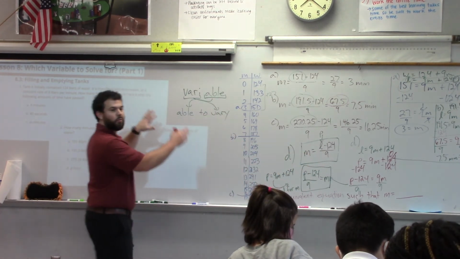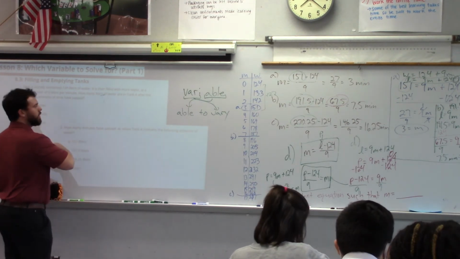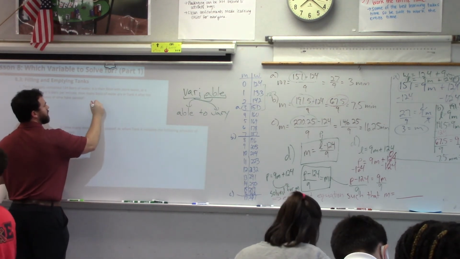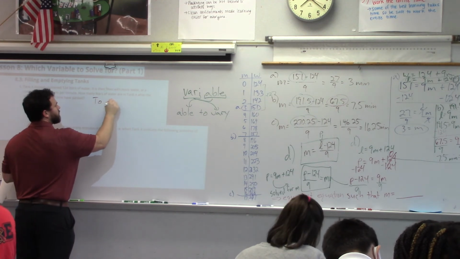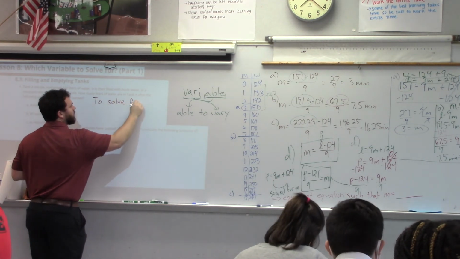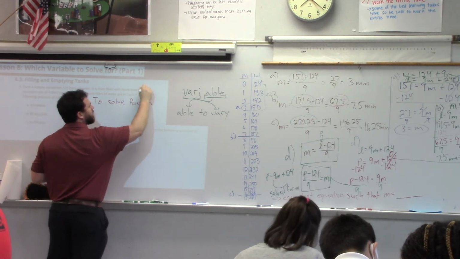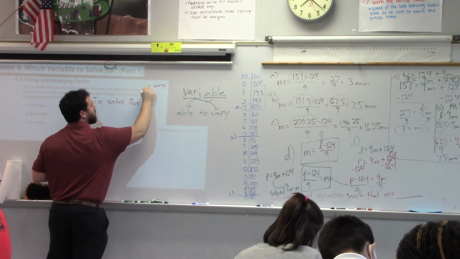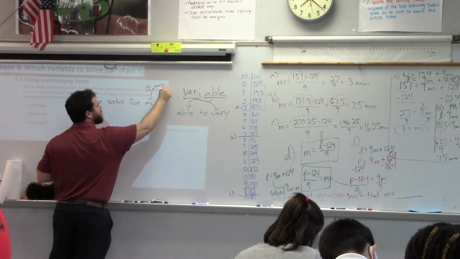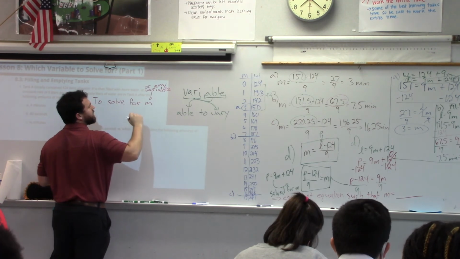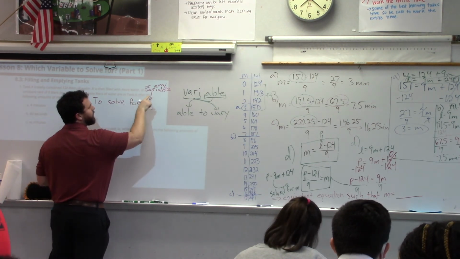Should I write it somewhere over here so it's a little bit easier to see? Yeah. If that's the case, y'all, please speak up and say, hey, Mr. Kinney, I can't see that. And I'll do this for you, or any variable.